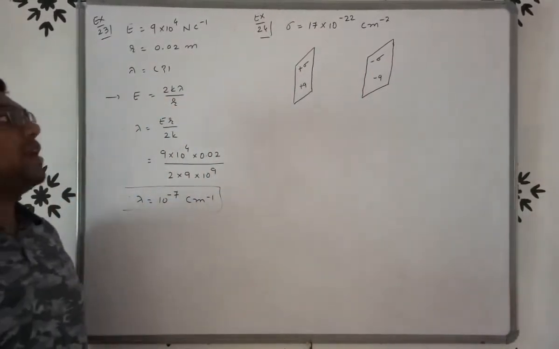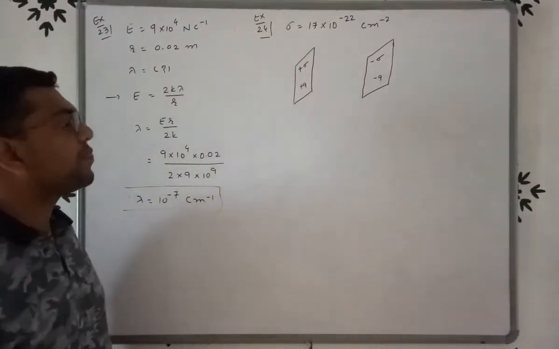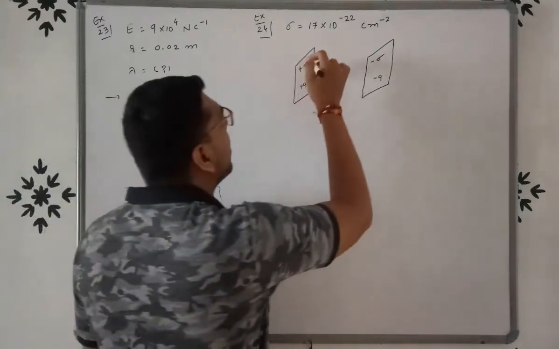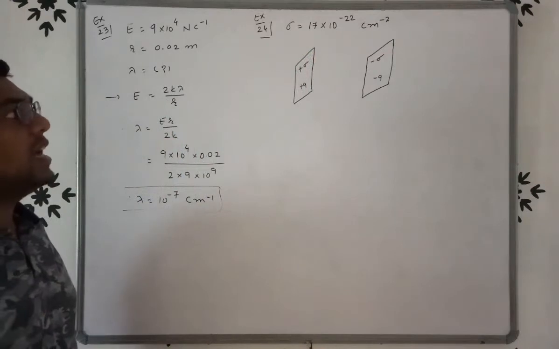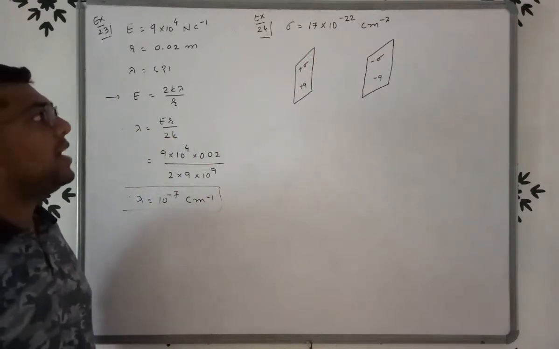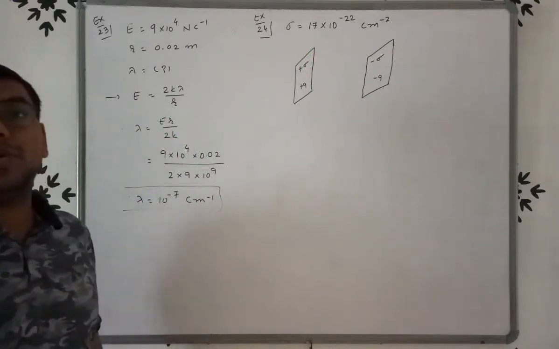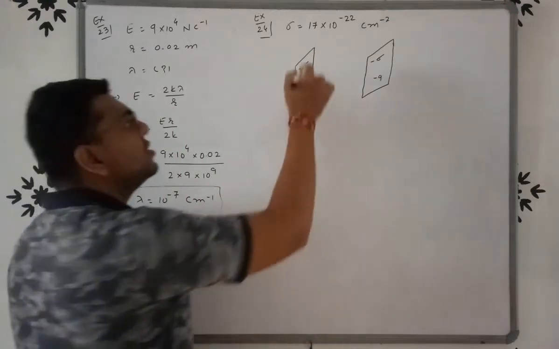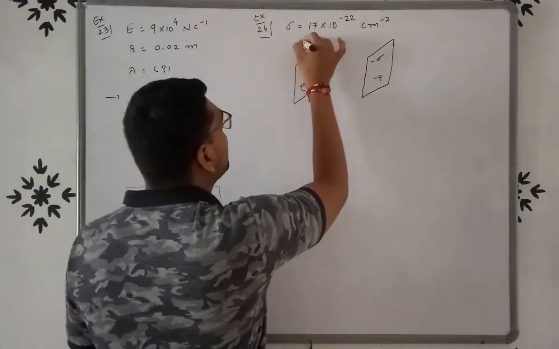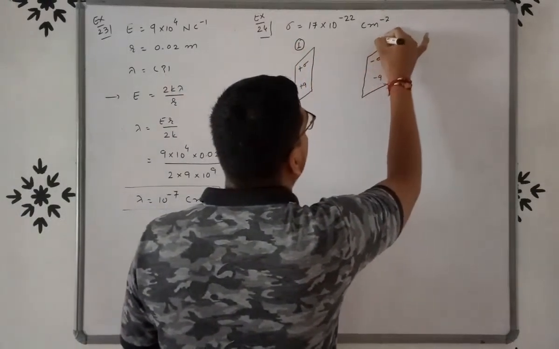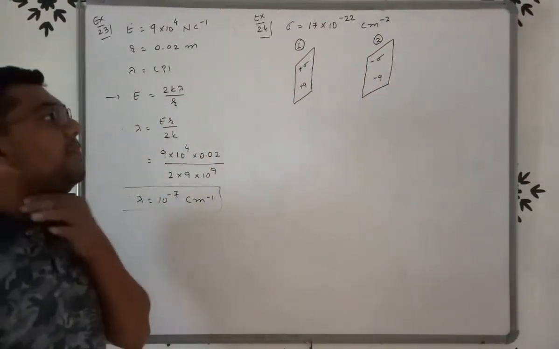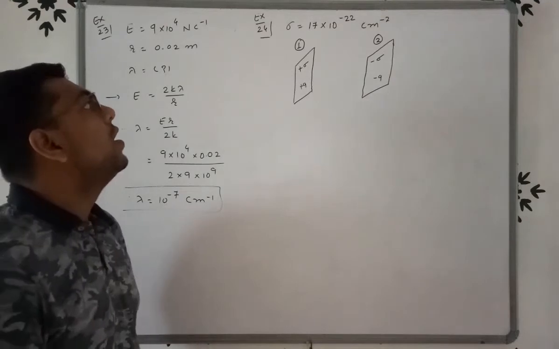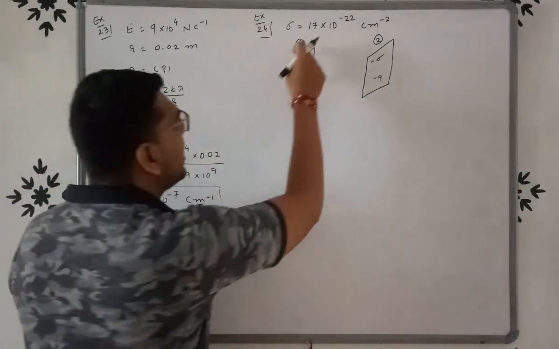So we have to find the electric field on the outer side of plate 1, plate 2, and between the plates. So this is the first plate and this is the second plate. We know the electric field on the outer side of the first plate.